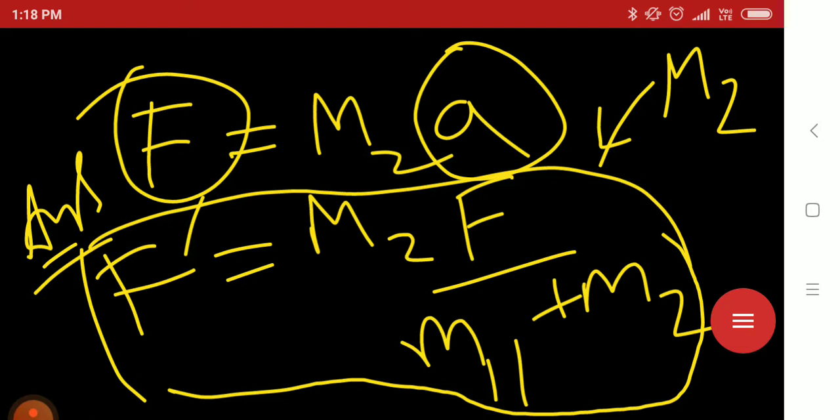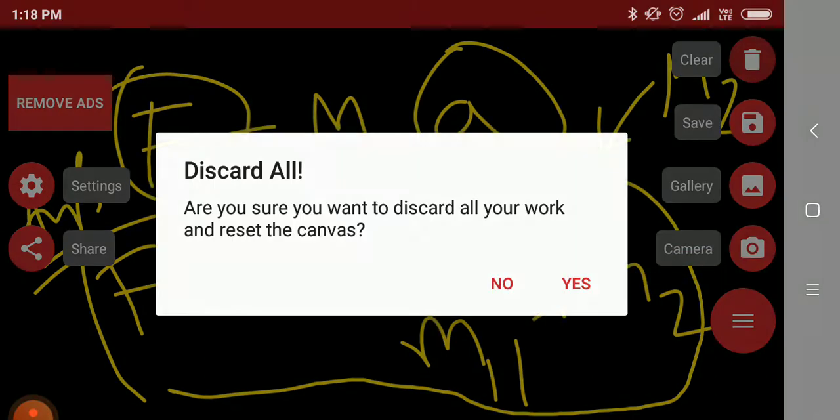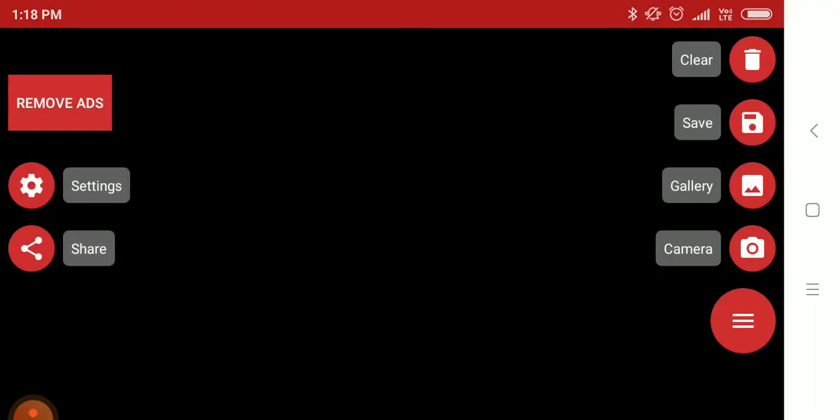We take the acceleration of M2 as A because it is a common acceleration. So F prime equals M2F by M1 plus M2. So let's discuss the third problem.